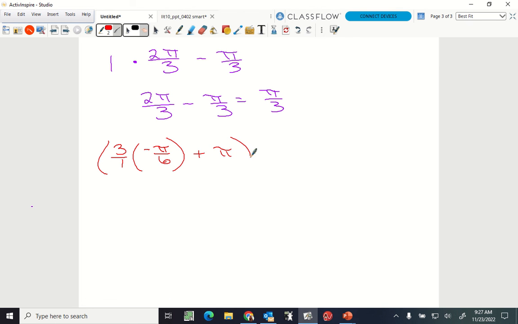Right here, that will reduce. So I'm going to get a negative pi over 2. So it's negative half a pi plus 1 pi.